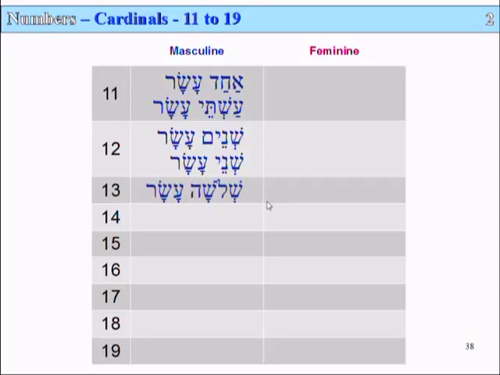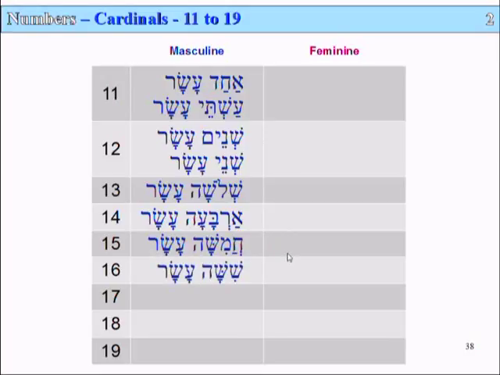For 13, Shalosha Eser, and Arba'a Eser for 14. 15 is Chamisha Eser, and 16 is Shisha Eser. 17 is Shiv'a Eser, and 18 is Shmona Eser, 18.